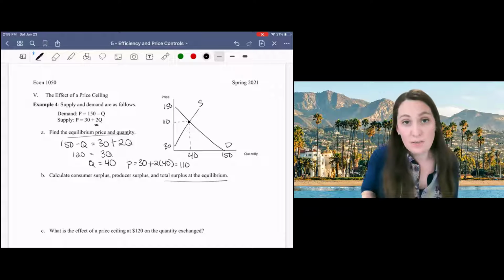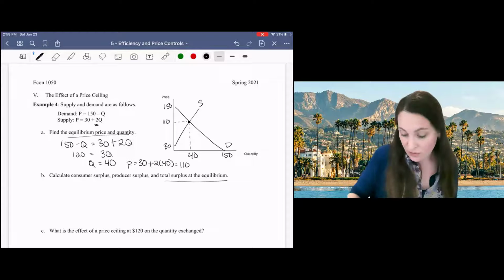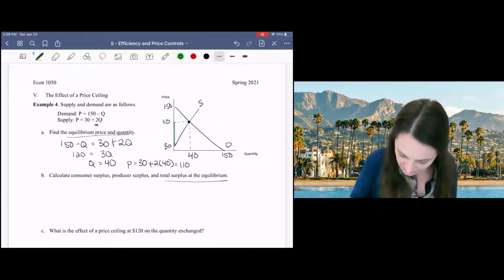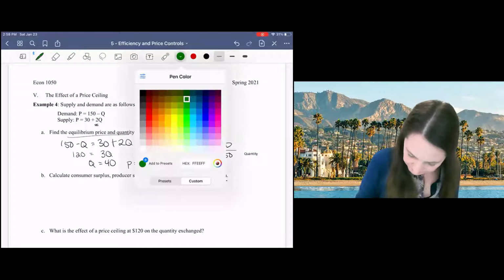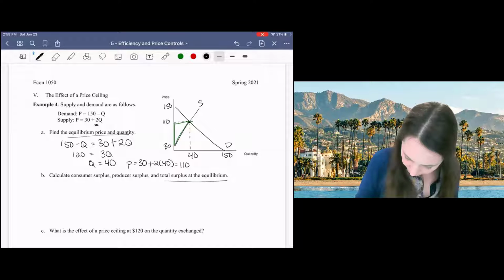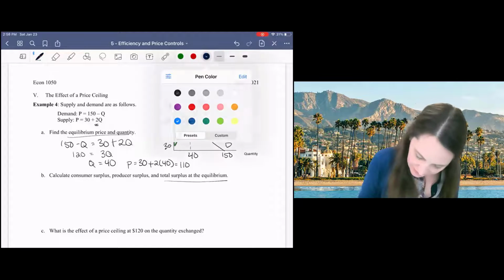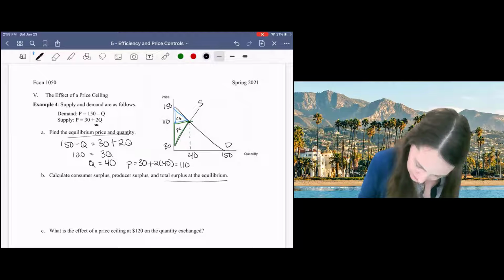And now that I've got the market equilibrium, I can solve for producer surplus and consumer surplus by finding the area of these triangles on my graph.